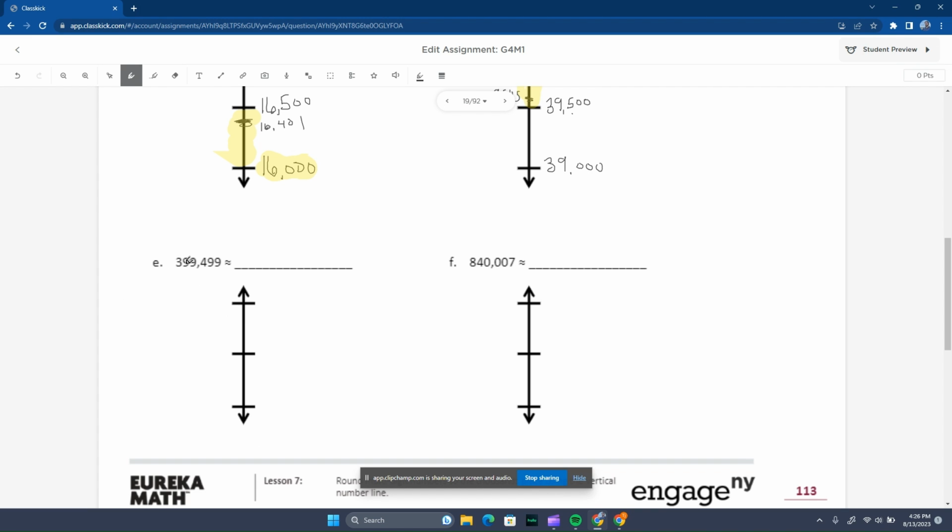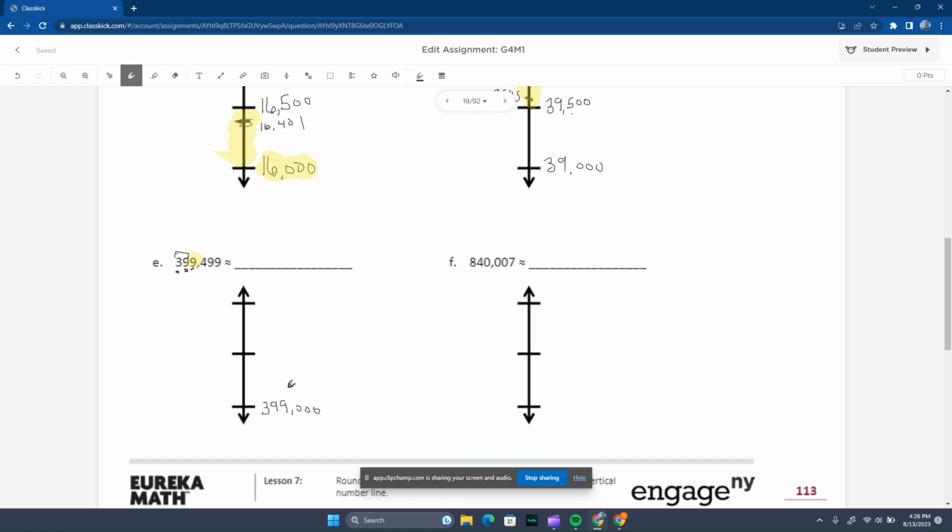This one here is a little bit tricky too, because now we have 10,000s as well as 100,000s. Process stays exactly the same though. Identify the digit in the thousands place. In this case, it's a 9. So these two digits are really just along for the ride, and we're going to keep this amount of thousands the same as my low number, which would be 399,000.